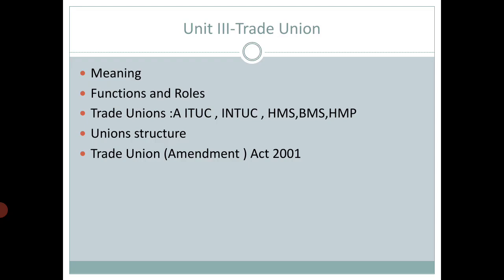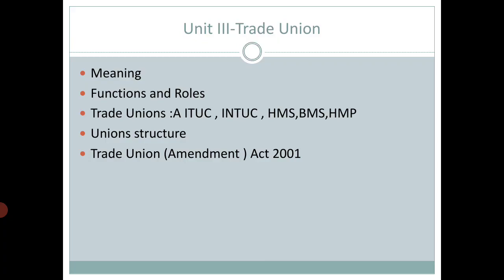In this unit itself, we will be going through trade unions like AITUC, INTUC, HMS, BMS, HMP. Then we will be studying the union structure, meaning what the union structure comprises of. Then we will go through the Trade Union Amendment Act 2001, and the provisions included in it.